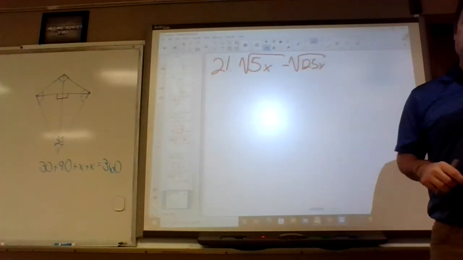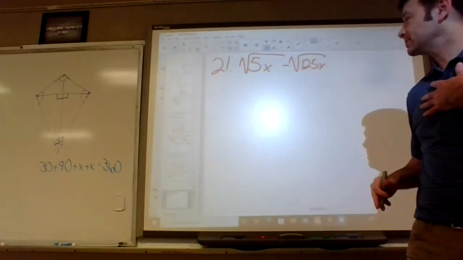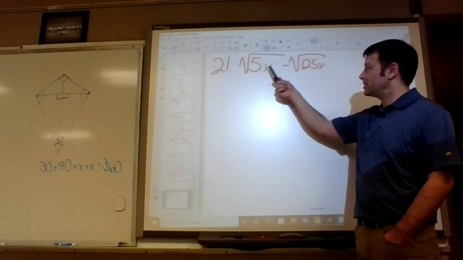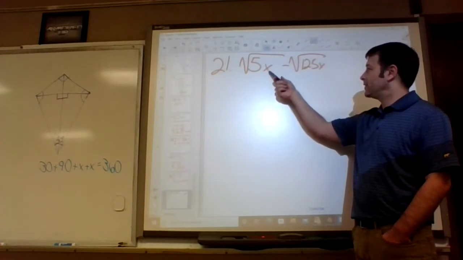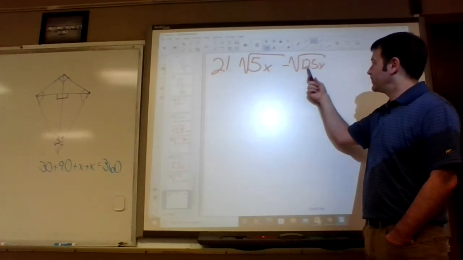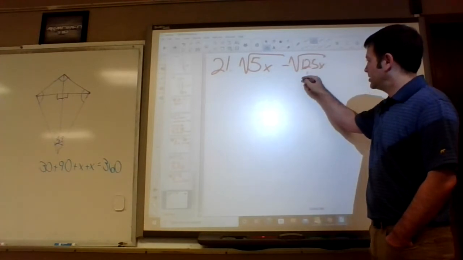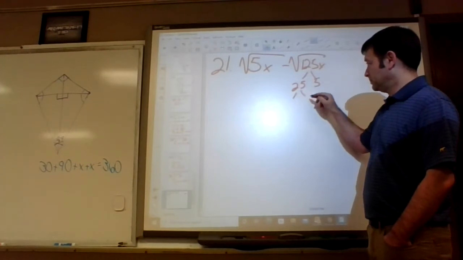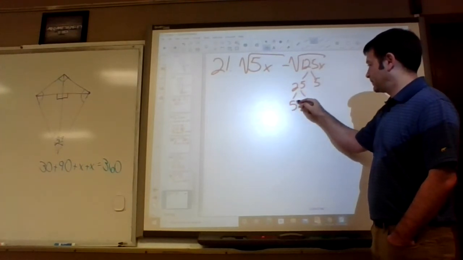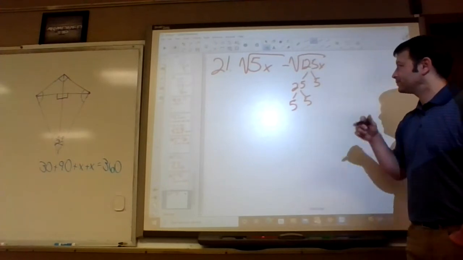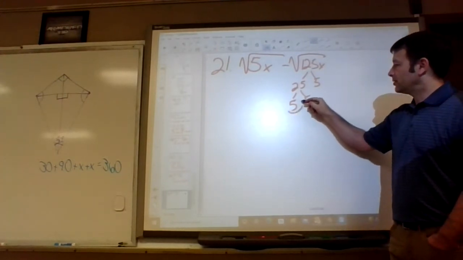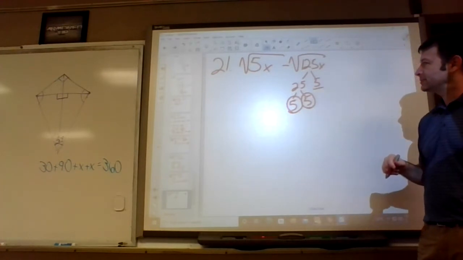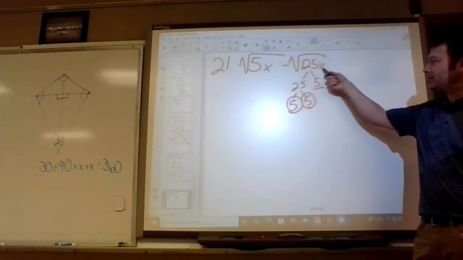Okay, can we simplify square root of 5x? No. Square root of 5, that doesn't simplify. There's no doubles or anything in it. Square root of x, that does not simplify. Can we simplify this one? Yes, because you guys remember what went into 125. It's 25 times 5, so it's 5 times 5 times 5. So this becomes 5 square root of 5. What am I going to do with that x?